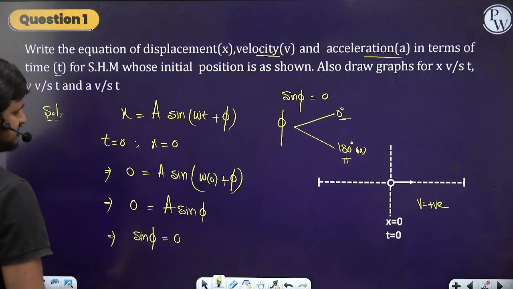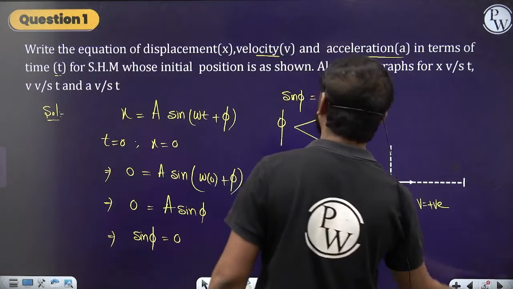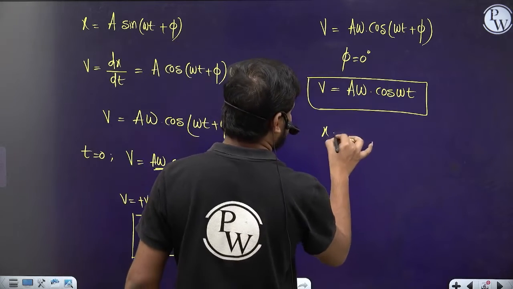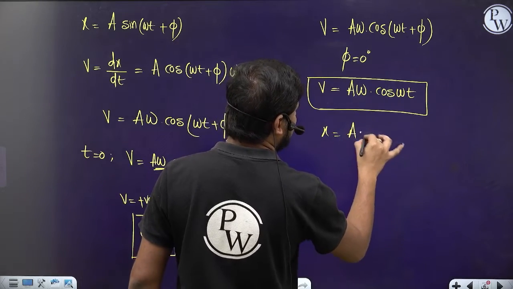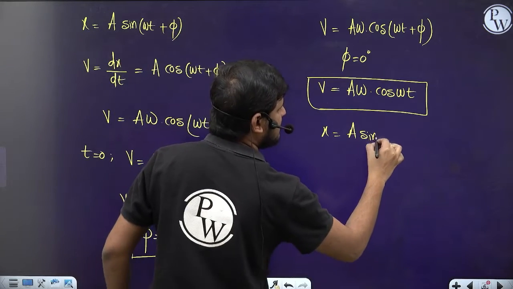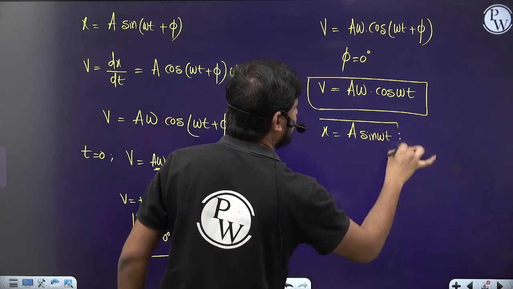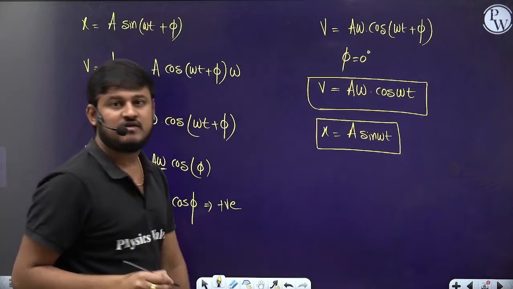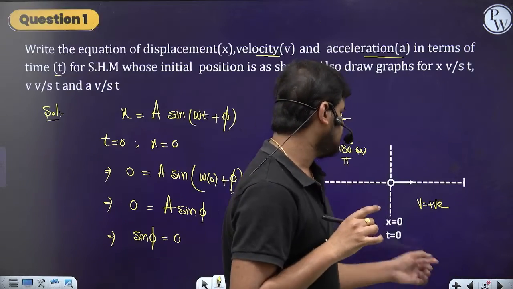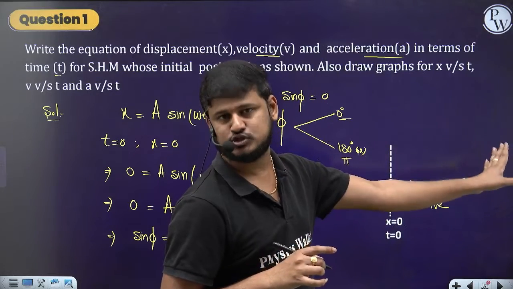And the displacement is x = A sin(omega t), since phi is 0. This is the equation for displacement, and the previous one is for velocity, when the particle performs S.H.M from the mean position towards the right extreme position.